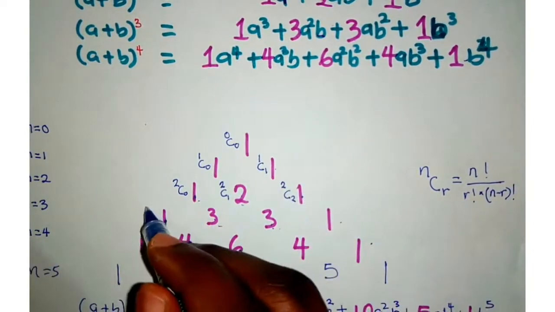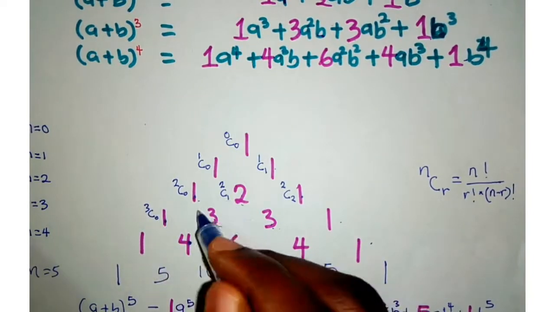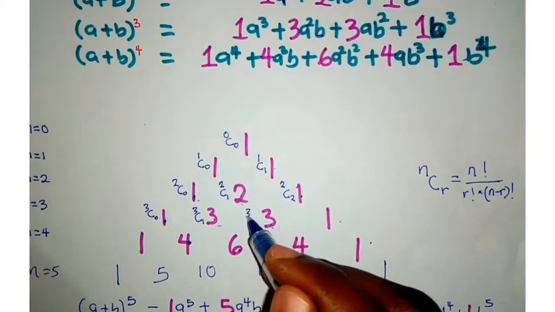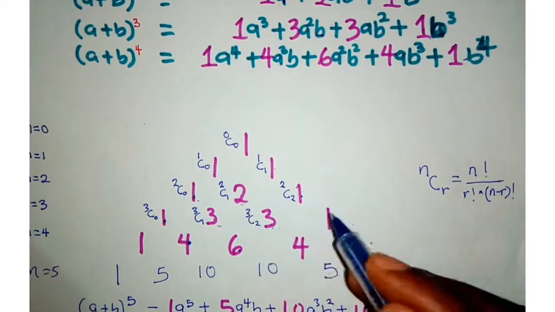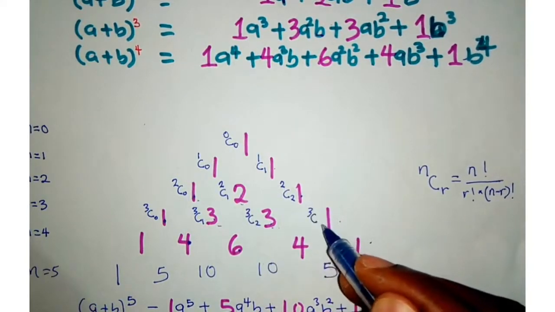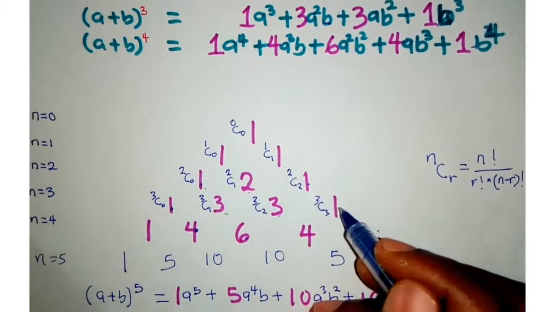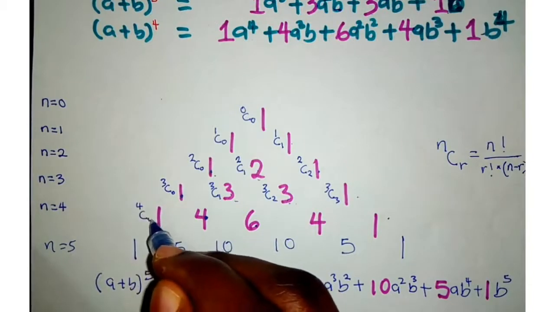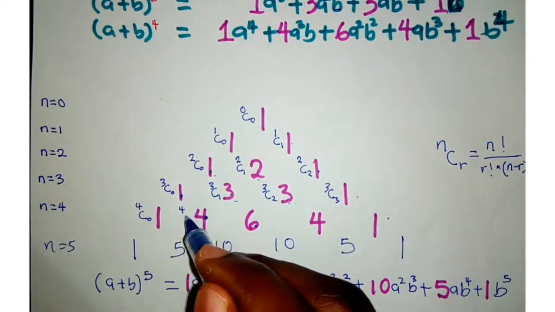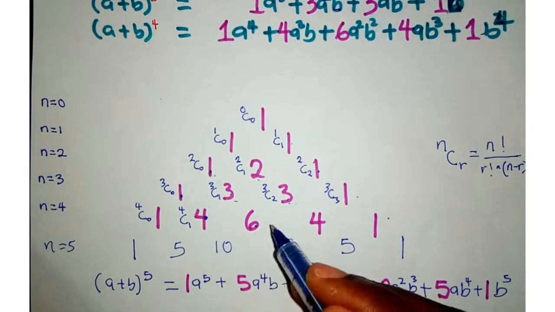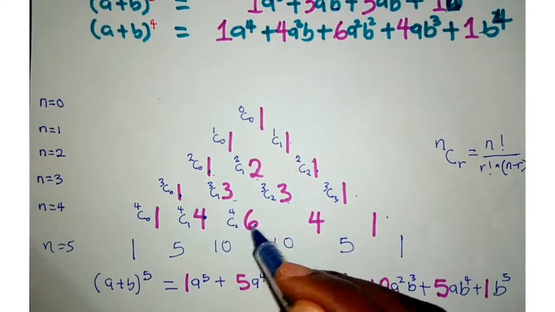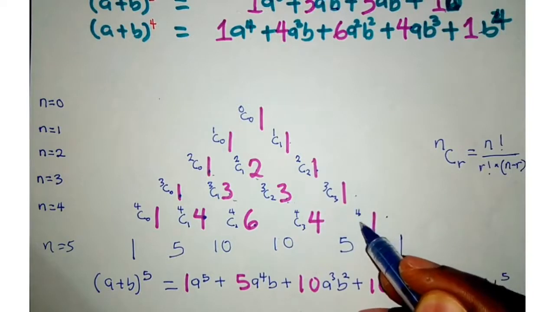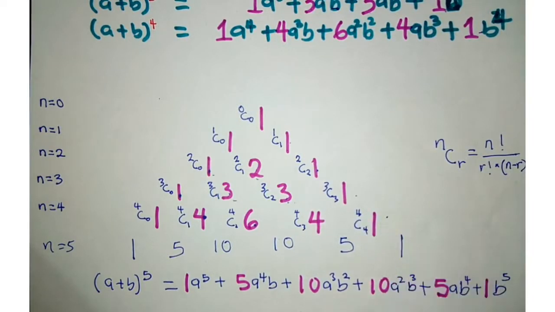For n equals 3, we have 3 combination 0 equals 1, 3 combination 1 equals 3, 3 combination 2 equals 3, 3 combination 3 equals 1. And for n equals 4, we have 4 choose 0 gives us 1, 4 choose 1 is the same as 4, 4 choose 2, 4 choose 3, and 4 choose 4.